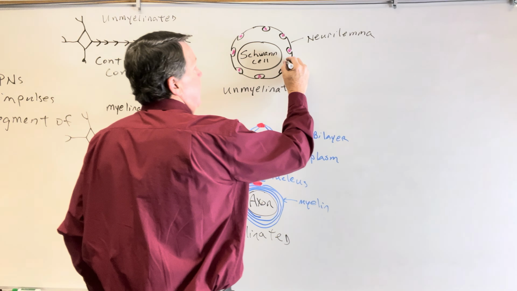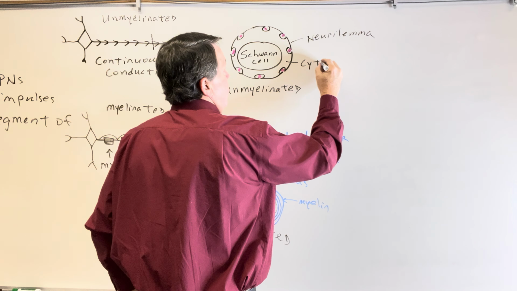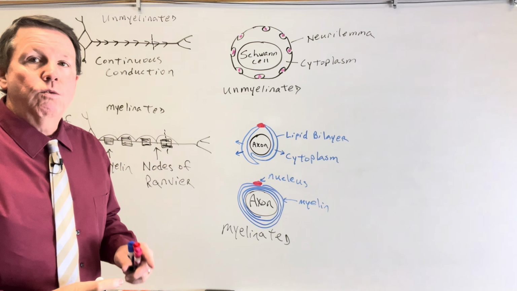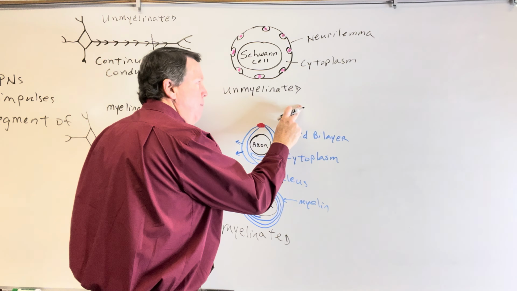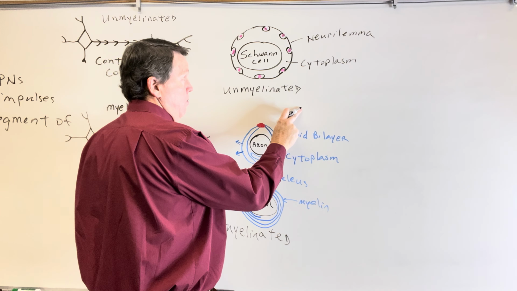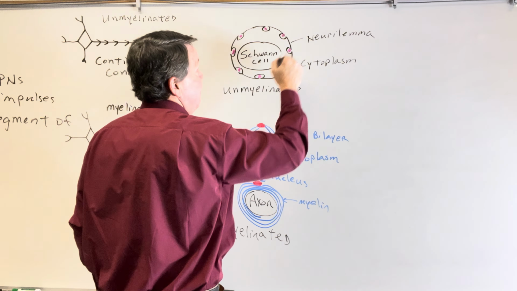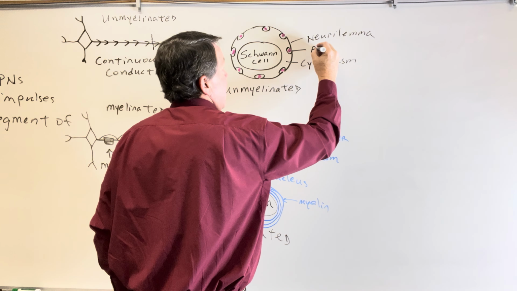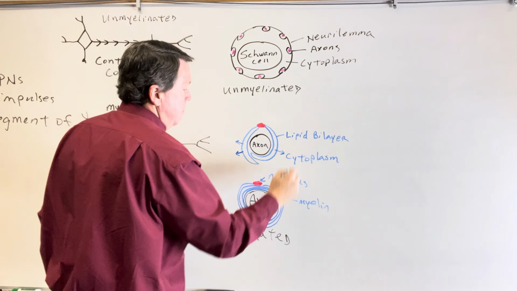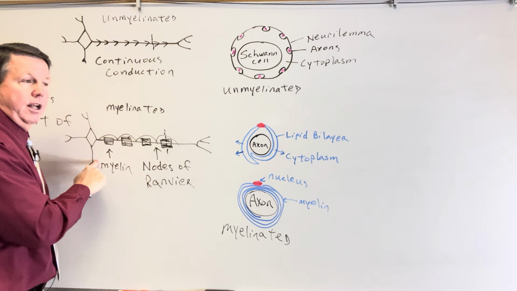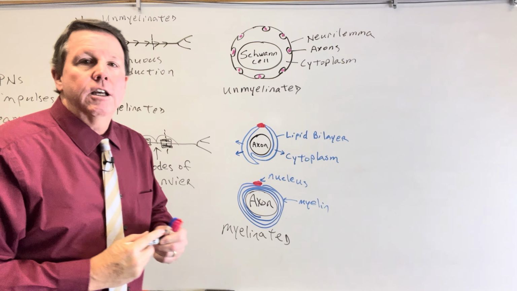Oh, and by the way, inside of here would be the cytoplasm, okay? So that's the role that Schwann cells play when it's an unmyelinated axon, right? And of course, this is again looking straight at you there. But you can see this is going to be holding many different axons around here. Here, the myelin surrounds one in one area, and then you have another area, then another area, another area.